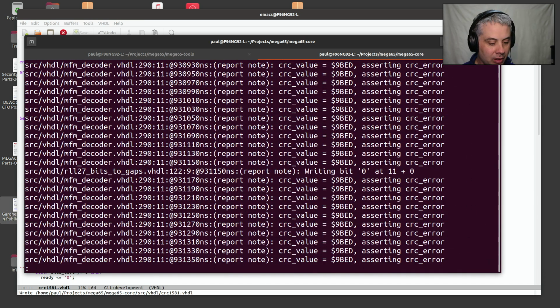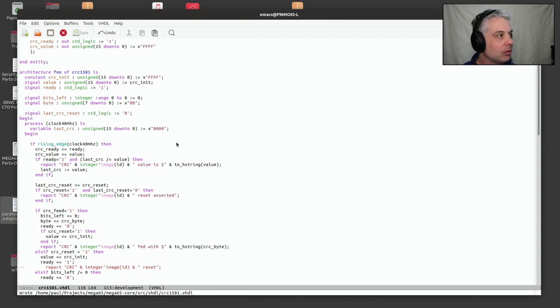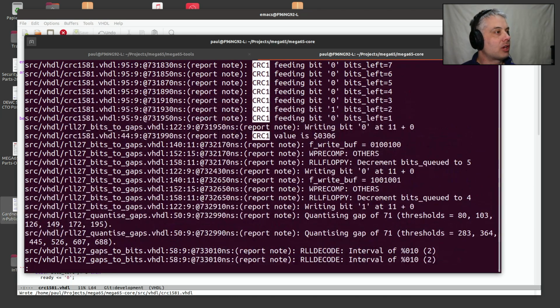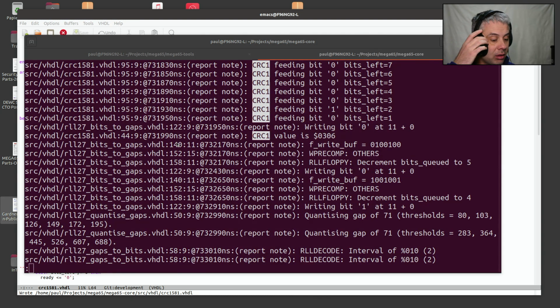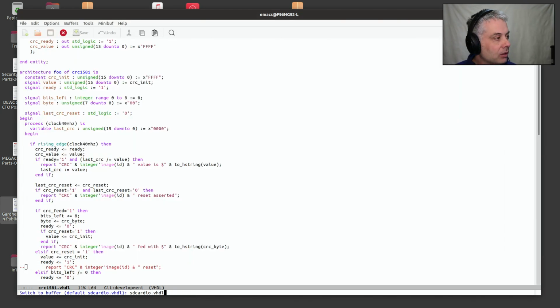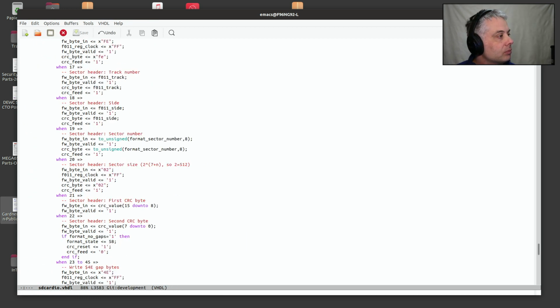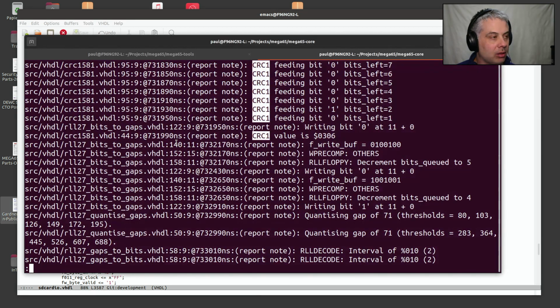And is that the last? See, I reckon that's left a byte off the end, hasn't it? So that's saying that the CRC value should be 0306. Oh no, that should be right. And then it should write those values.